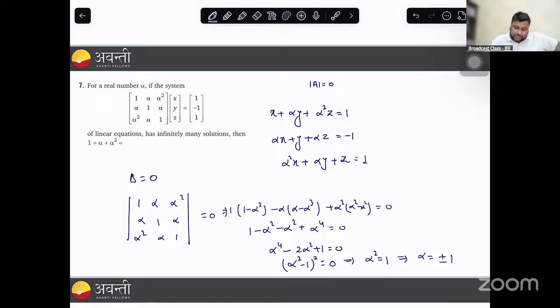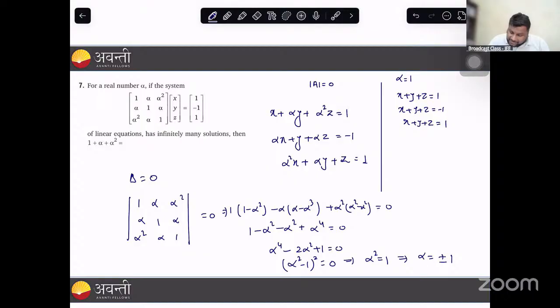Now, we will run a cross verification method. Say when alpha is 1. If alpha is 1, the first and third equation will be identical, whereas the second equation will be a plane parallel to these two. The equations will be x plus y plus z equals 1, second is x plus y plus z equals minus 1, and third is x plus y plus z equals 1.